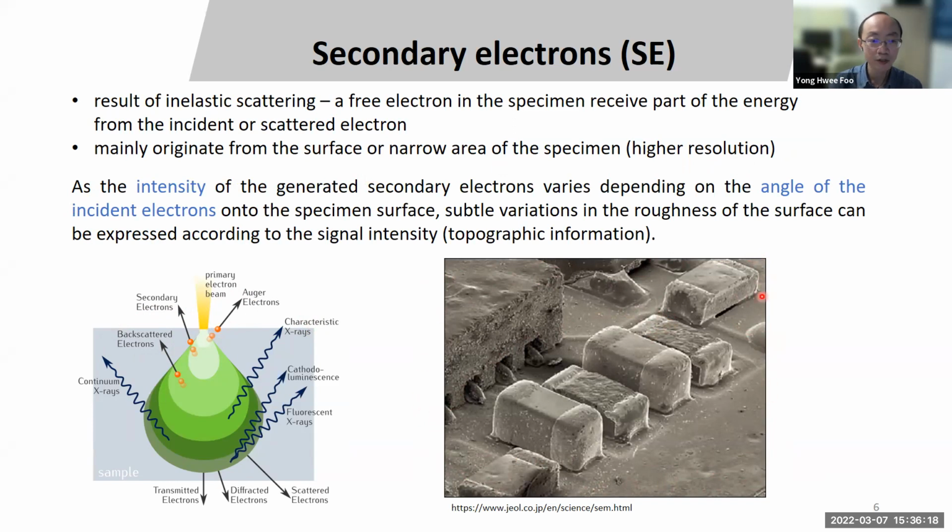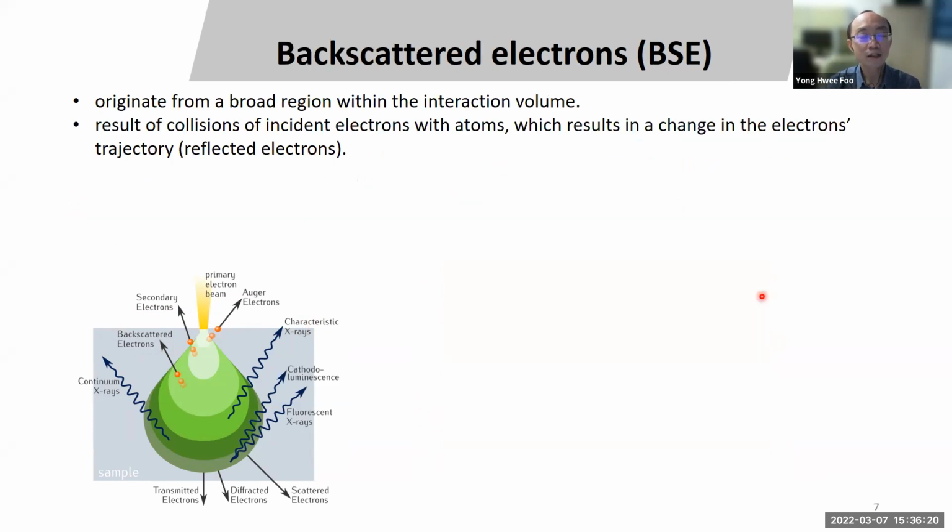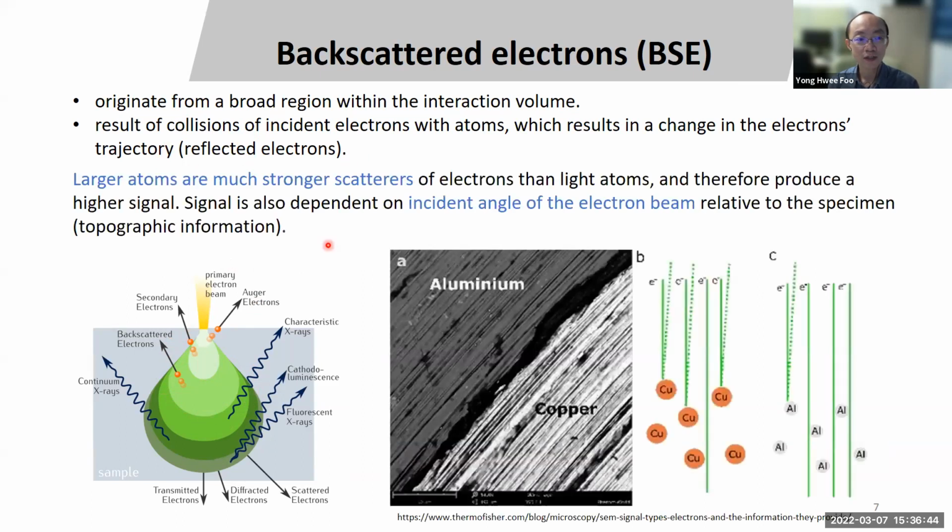For backscattered electrons, BSE, it originates from a broader region of the specimen, as you can see here. It's a result of collision of incident electrons with atoms in your specimen that changes the trajectory of your electrons, and that's why they are called reflected electrons.